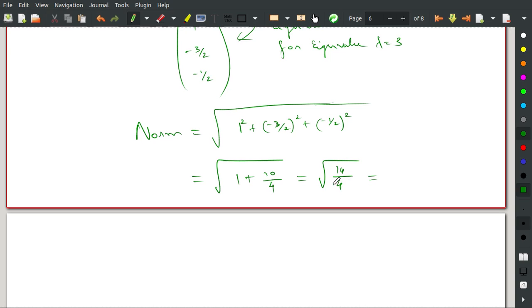Taking the 4 outside, we have root of 14 by 2. So this is our norm.